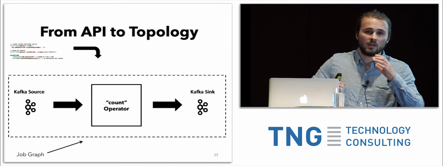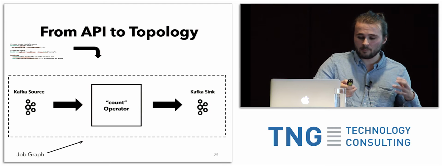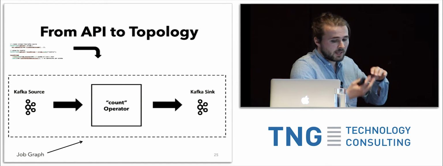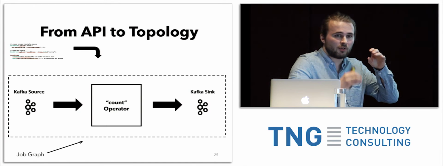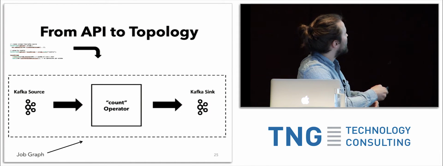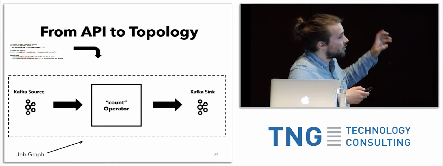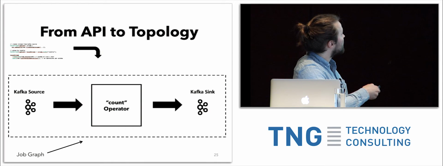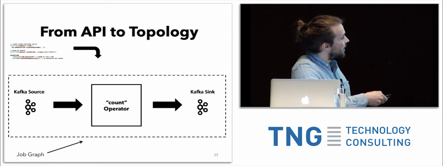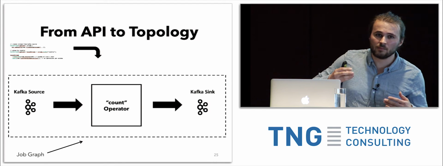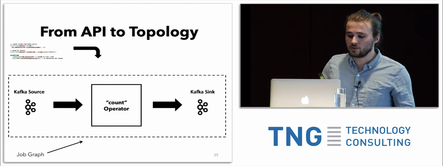The job graph is essentially a graph where we have different operations and the connections between operations. So for this simple example that we wrote in Java, there would be a Kafka source. This would be connected to a count operator. And then I omitted this, but this would maybe again be written to a Kafka sink so that other programs can consume this data.